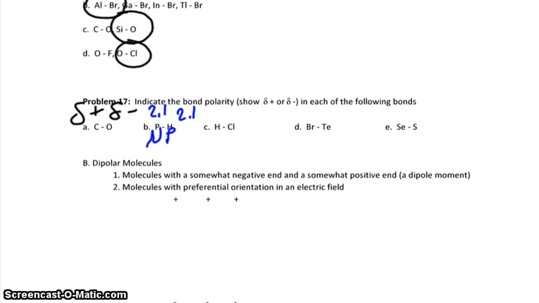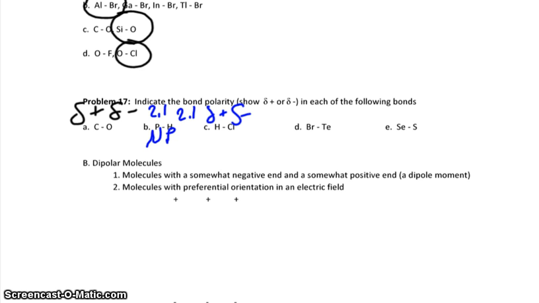Let's try another one. Hydrogen and chlorine. Hopefully you recognize chlorine is one of the big four. Okay. Bromine and tellurium. Neither one of those are of the big four. So what about the bromine and the tellurium one? Without checking that electronegativity chart, my guess is that bromine is going to be a more electronegative element than tellurium.